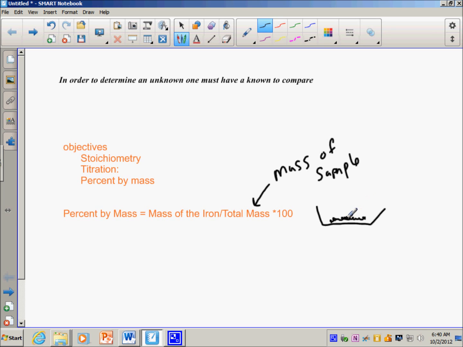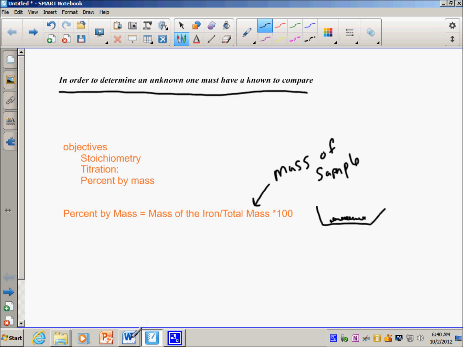One of our main ideas in honors chemistry is that in order to determine an unknown, we must have a known to compare it to, and that's going to hold true in this lab. So let's turn back to the first part of our lab.